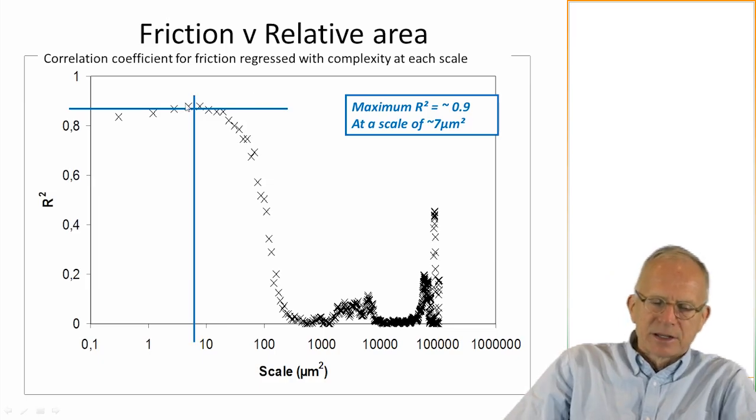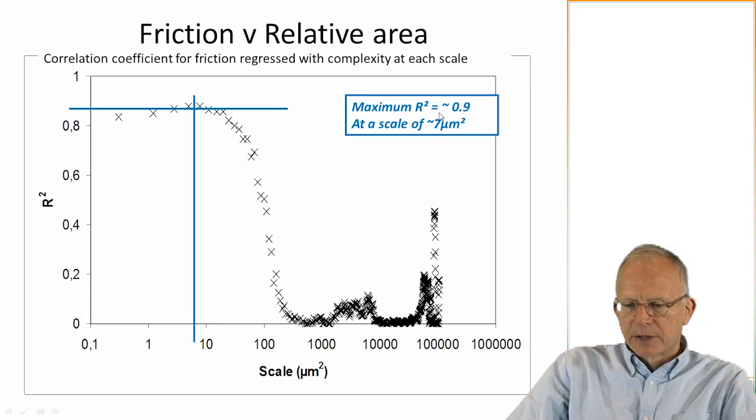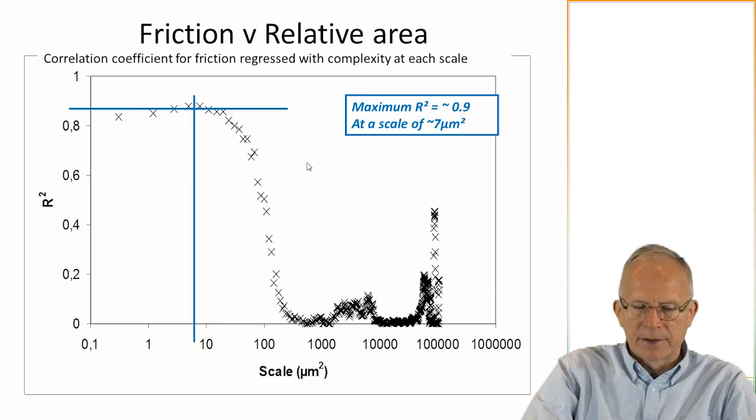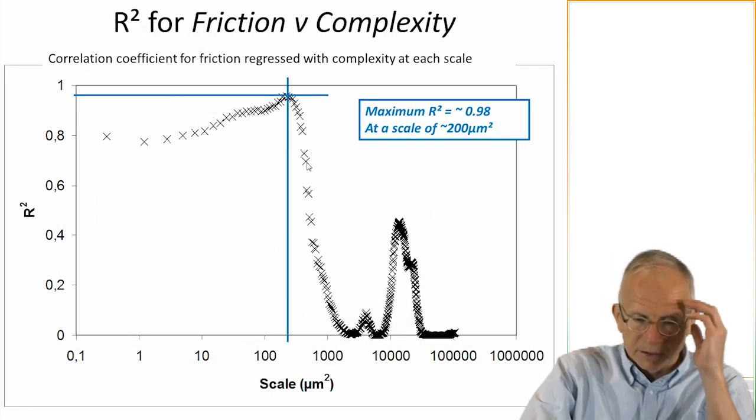So this tells us that something special is going on physically around 7 square micrometers that is controlling the friction in this case. And so it appears that the greater the relative area, the greater the friction at that particular scale.